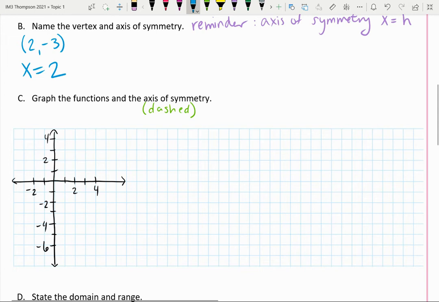So we already found the vertex and the axis of symmetry. I'm going to put that on my graph. My vertex is at (2, -3). And my axis of symmetry goes through the vertex. In this case, it's going to be a vertical line through the vertex.